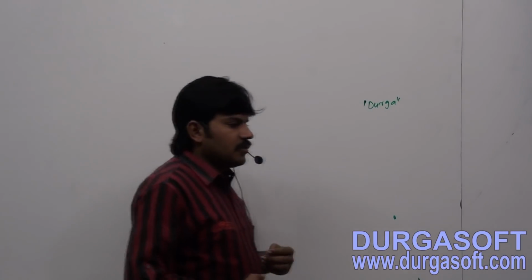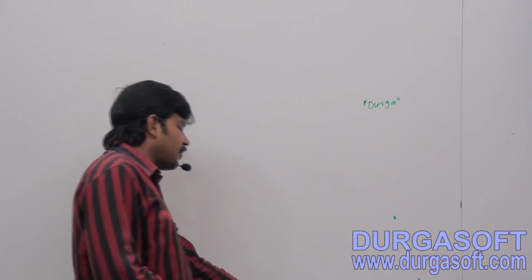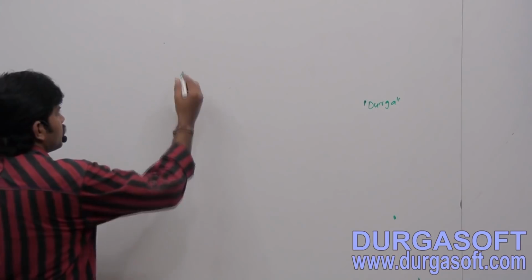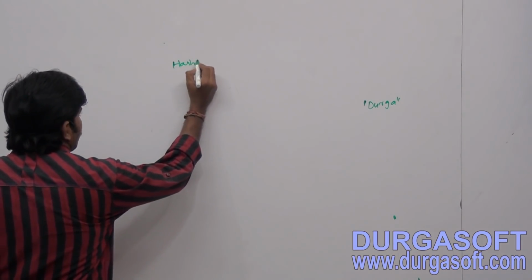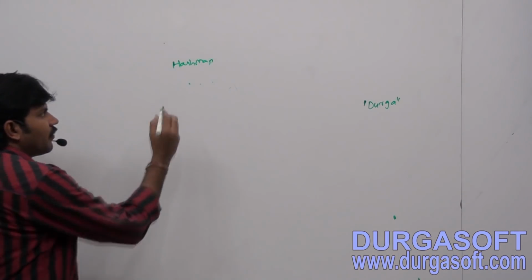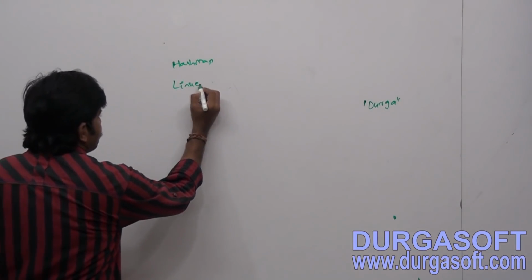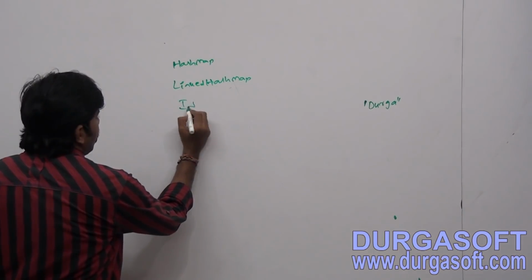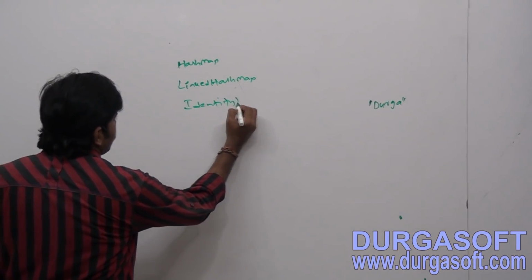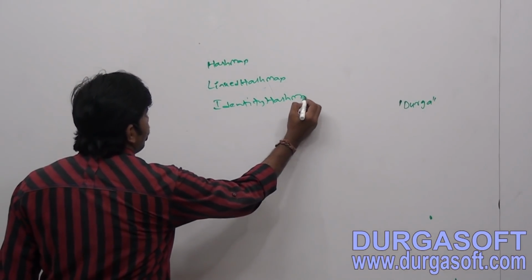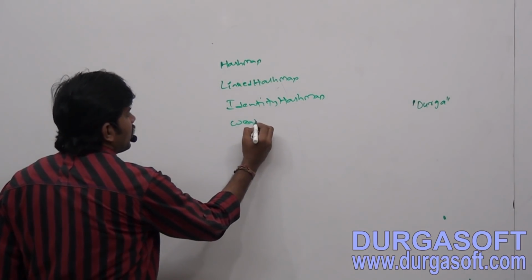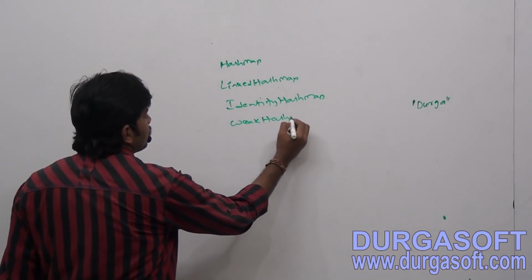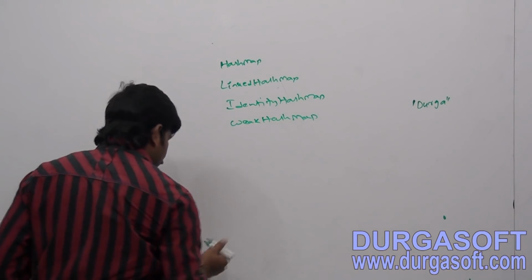So in the morning we started with Map and discussed the HashMap concept. We covered HashMap, then LinkedHashMap. Do you remember LinkedHashMap? And then IdentityHashMap, and after that WeakHashMap.